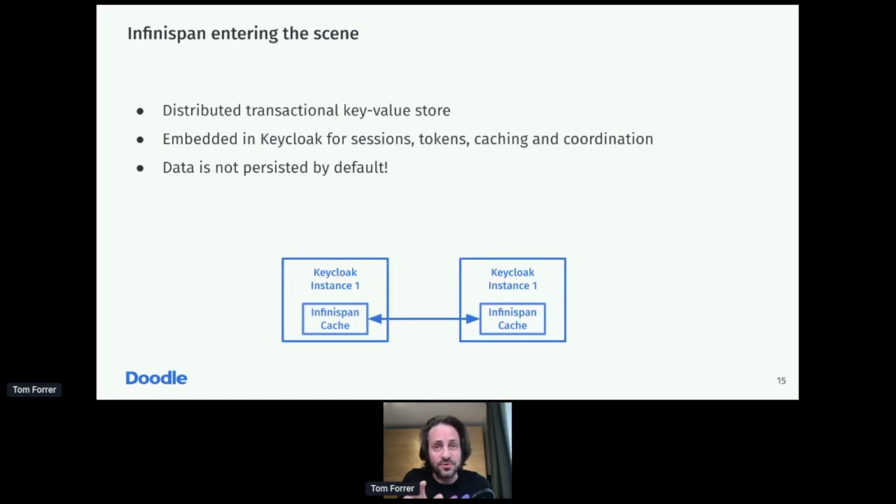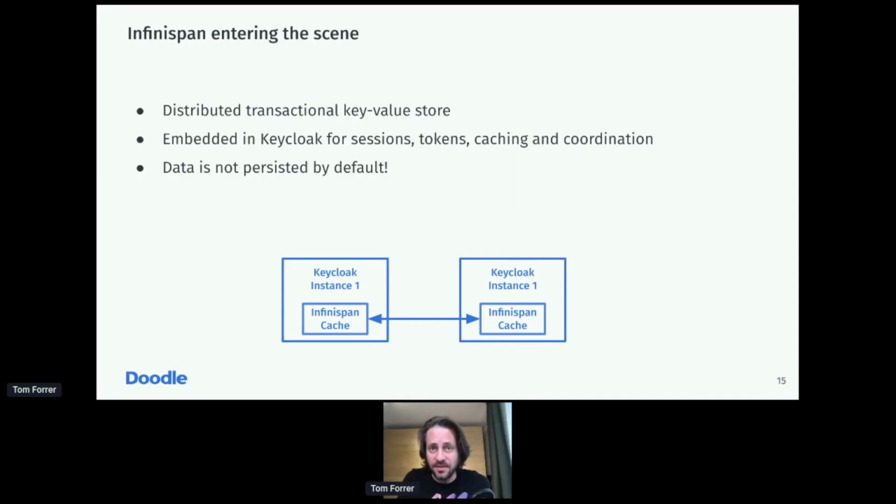There's another component to Keycloak, Infinispan. It's kind of mind-boggling how little correct and up-to-date information there is out there regarding Infinispan and Keycloak. Infinispan is a distributed transactional key value store. This is used in an embedded mode in Keycloak to store all kinds of data, authentication sessions, action tokens, or distributed cache invalidations.